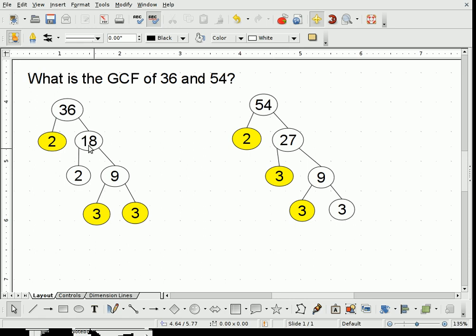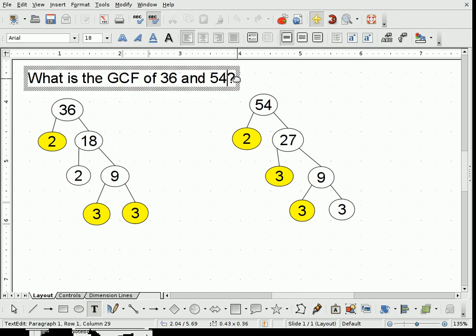So the next task is to multiply all the numbers in yellow, but we don't multiply the numbers on both sides. Just pick one. We'll pick 36 here. So what is 2 times 2 times 3? Sorry, the yellow numbers are 2, 3 and 3. That's our answer, our greatest common factor.